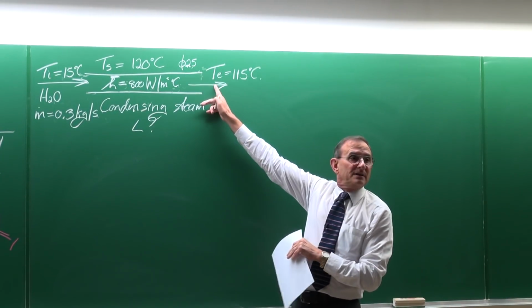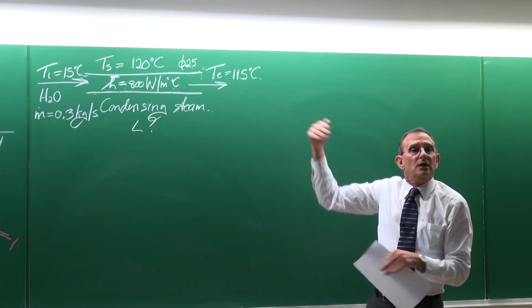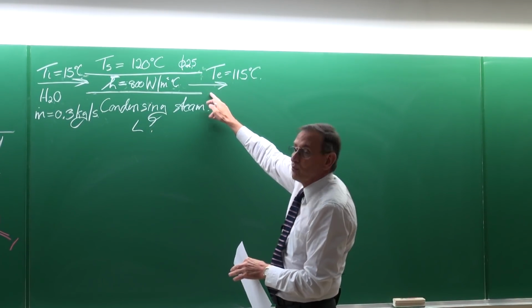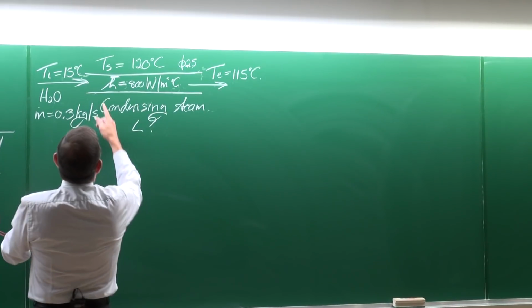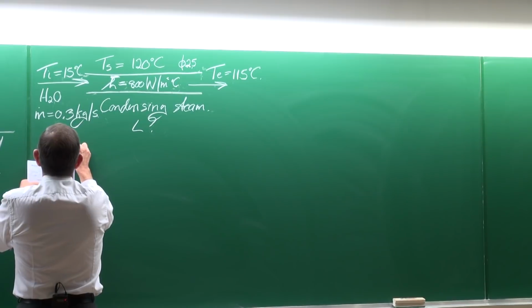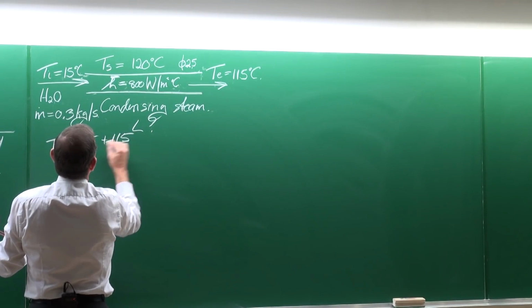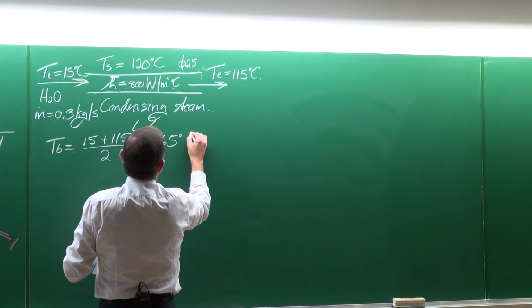Okay, how can the outlet temperature be higher than 115 and it is still water? The pressure is high enough. So if the pressure is high enough, this will not boil, so it will all be a single phase on the inside. And therefore, again, we can now say the bulk temperature is equal to 15 plus 115 divided by 2, which is equal to 65 degrees Celsius.